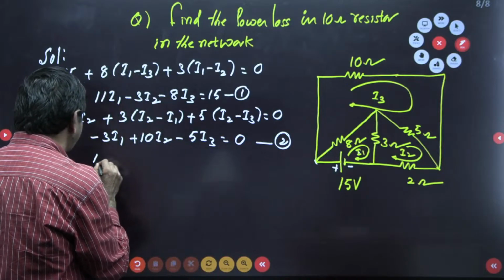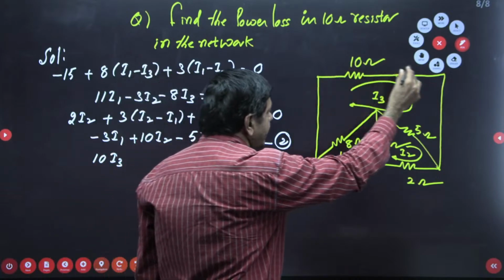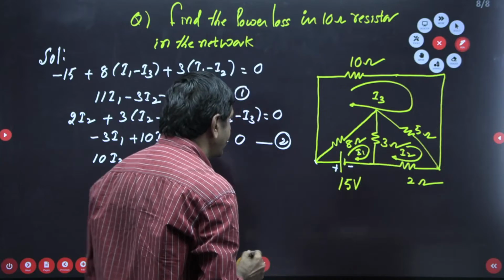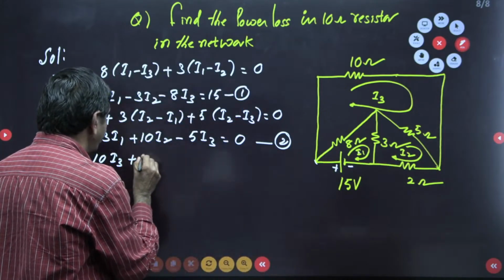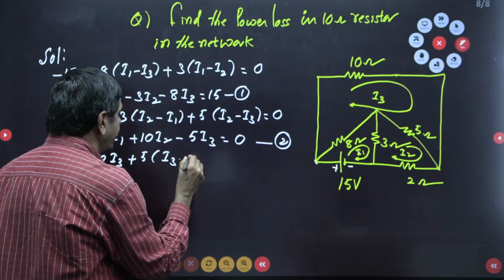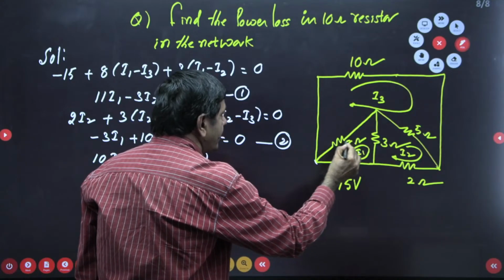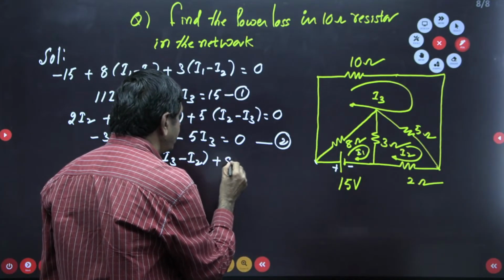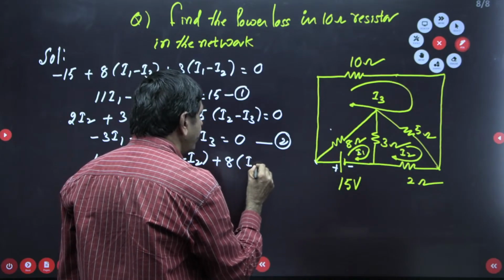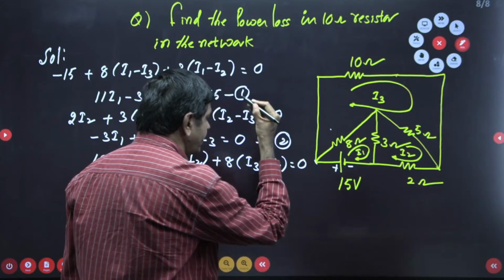When I go this side, plus 5 into I3 minus I2. When I go this side, plus 8 into I3 minus I1. That equal to 0.